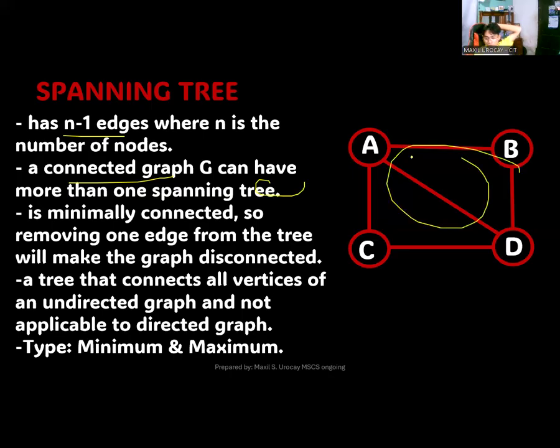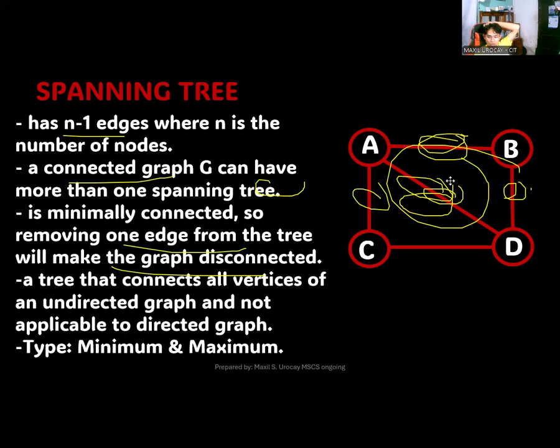Of course, in this particular graph, for example, you can remove edges BA and AD in order to have a subgraph, or remove AD or BD in order to get another subgraph. That's how it works. It is minimally connected, so removing one edge from the tree will make the graph disconnected. For example, if you remove these three edges, it will be disconnected. So be mindful of that.